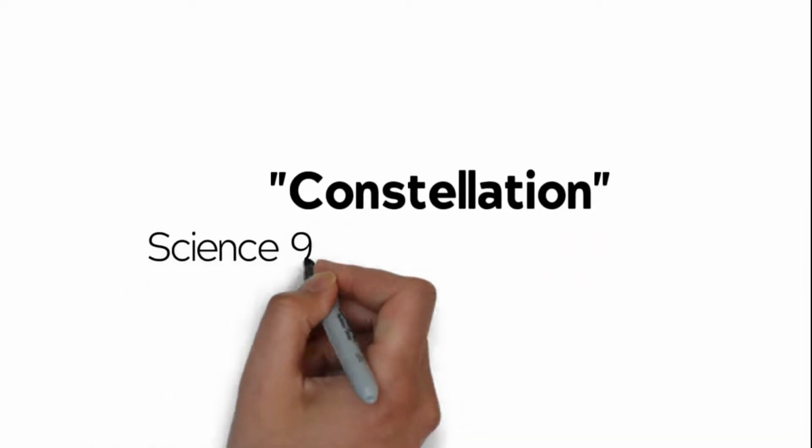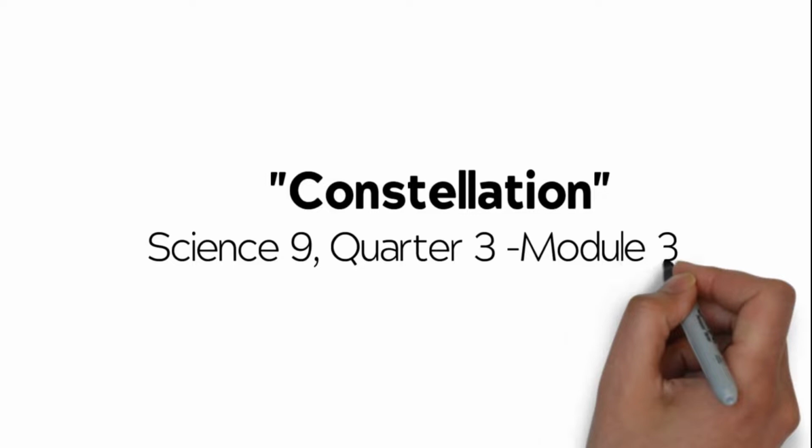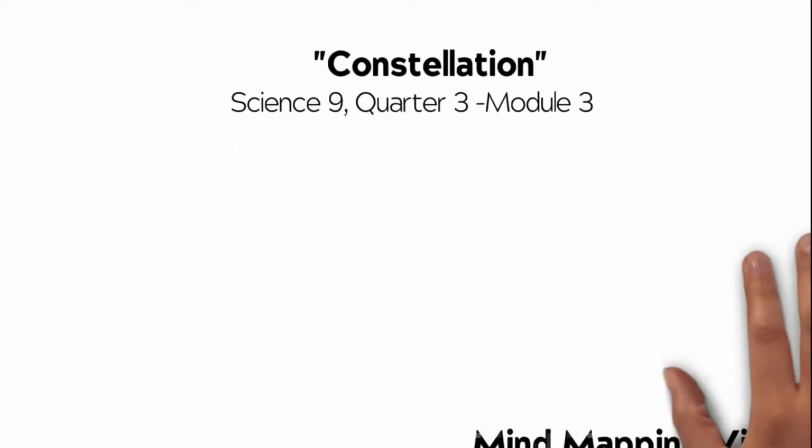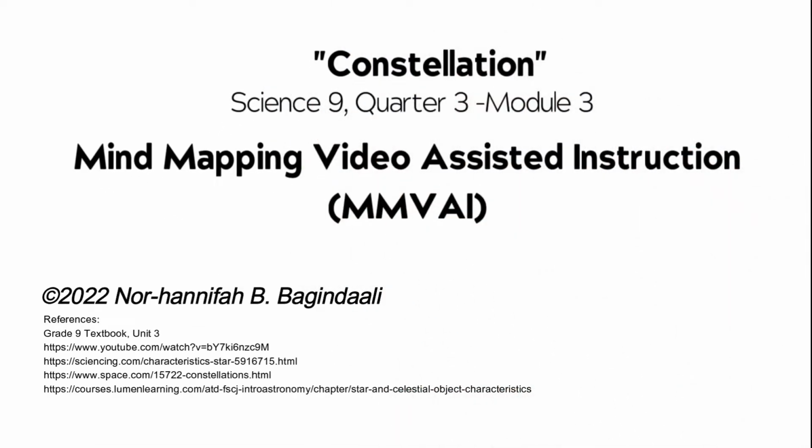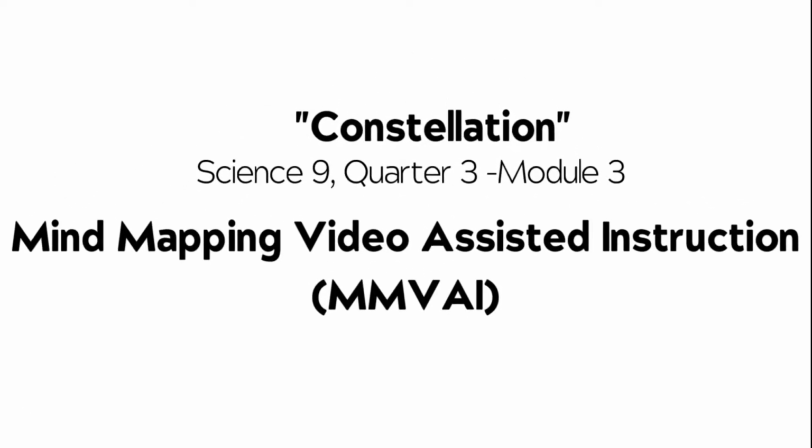This video is a summary of your Science 9 Quarter 3 Module 3 lessons in a mind map form called Mind Mapping Video Assisted Instruction. And now, our topic is about constellation.